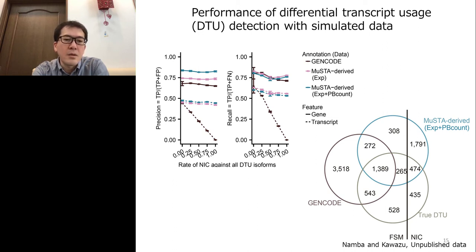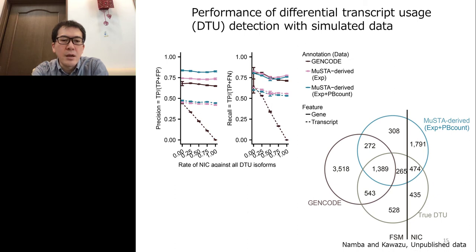And as the NIC ratio increased, the performance of DTU detection with the Gencode transcriptome decreased, as shown in the dashed or black line. On the other hand, the performance of DTU detection with the MUSTA-derived transcriptome remained constant, showing stable precision and recall.